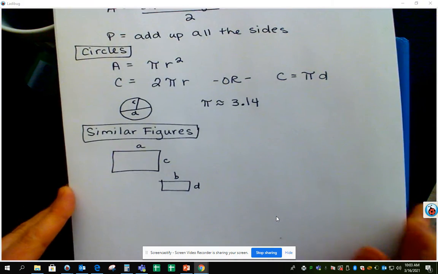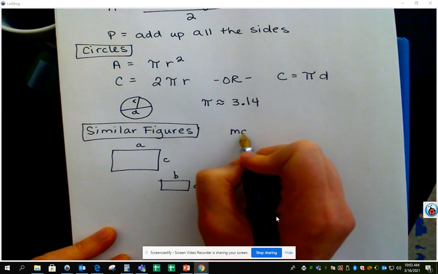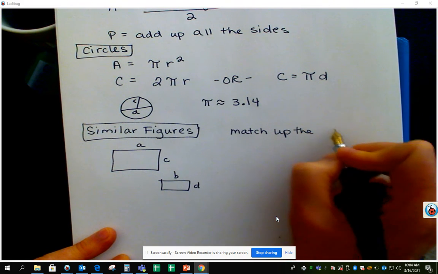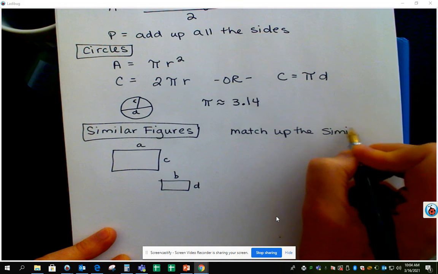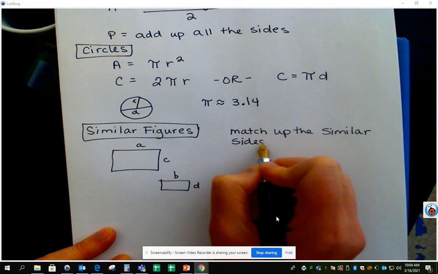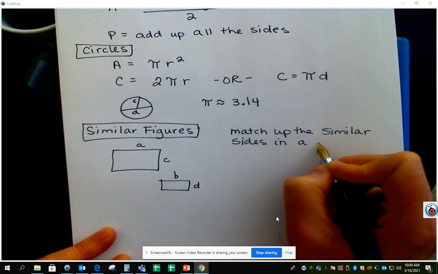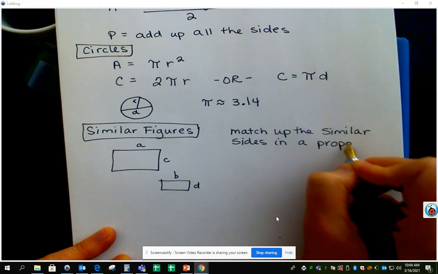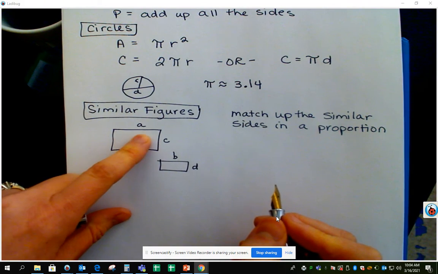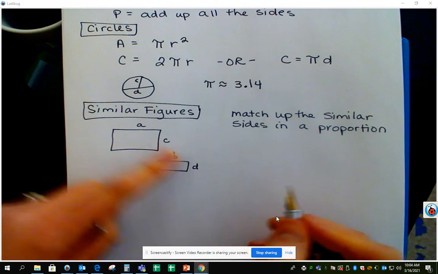So remember, you want to match up the similar sides in a proportion. So I would take this long side and this long side and match them up.